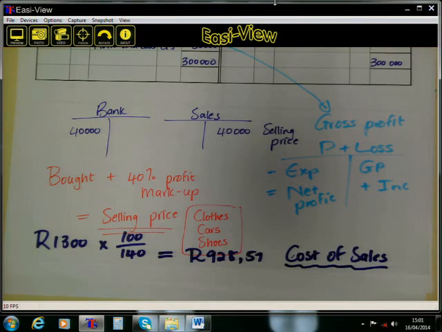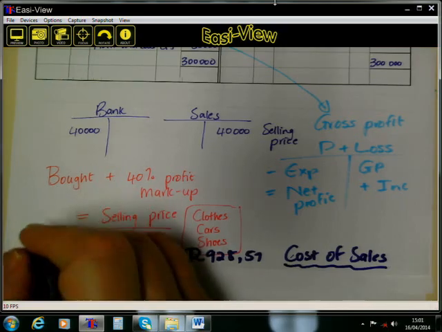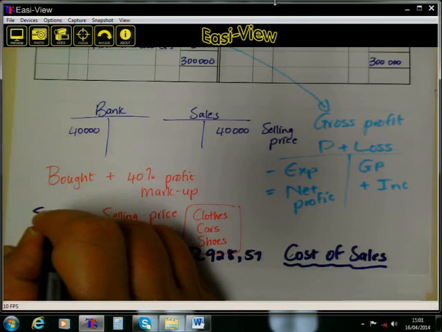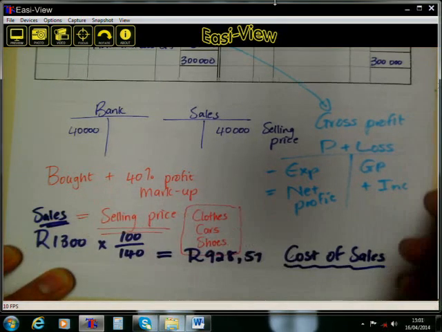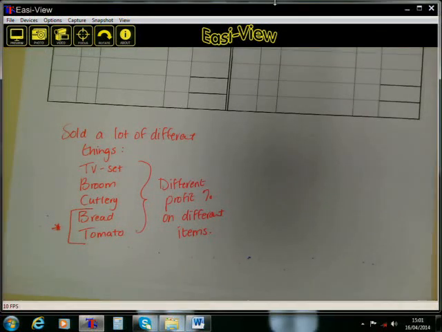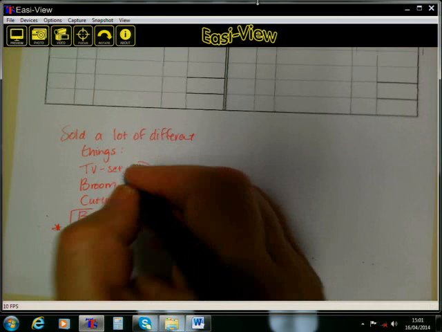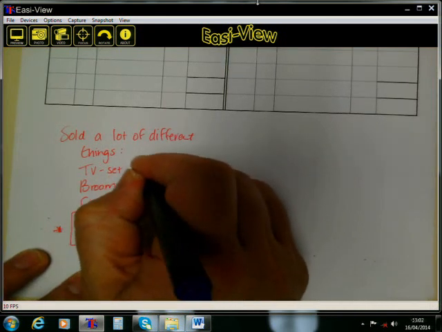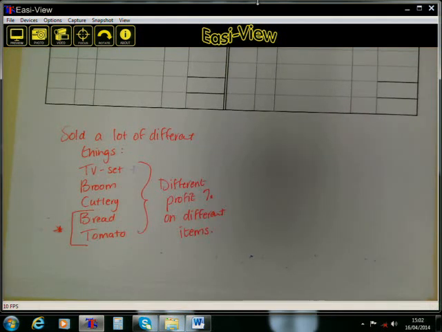Can you see, by the press of your calculator's buttons, you can work out the cost of sales of that specific transaction. But in the periodic system, you cannot do that because you've got different profit markups. On the TV set, maybe, you can ask like a 40%. Sorry, this one doesn't want to write anymore.